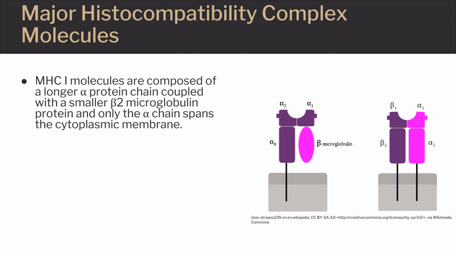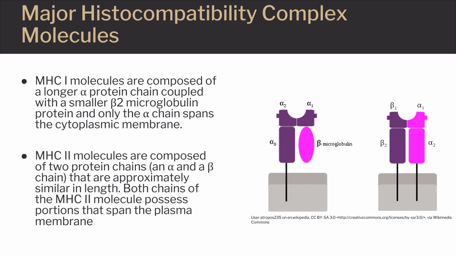The alpha chain of the MHC1 molecule folds into three separate domains, alpha-1, alpha-2, and alpha-3. MHC2 molecules are composed of two protein chains, an alpha and a beta chain, that are approximately similar in length. Both chains of the MHC2 molecule possess portions that span the plasma membrane, and each chain folds into two separate domains, alpha-1 and alpha-2, and beta-1 and beta-2.